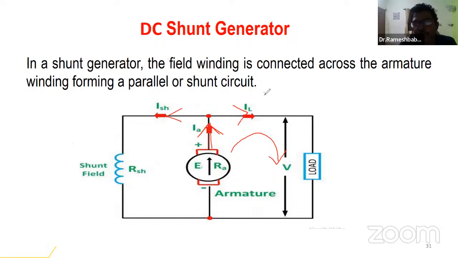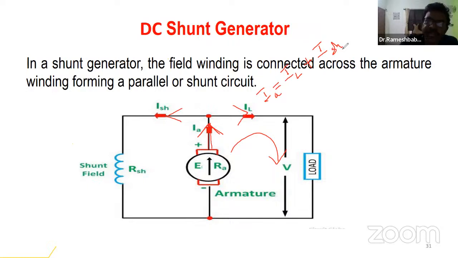So you need to write the armature current IA is equal to IL plus ISH. So IA is equal to IL plus ISH; the current gets divided.